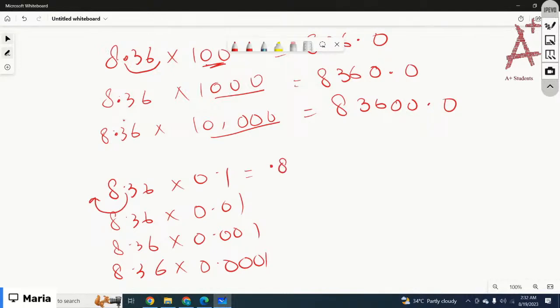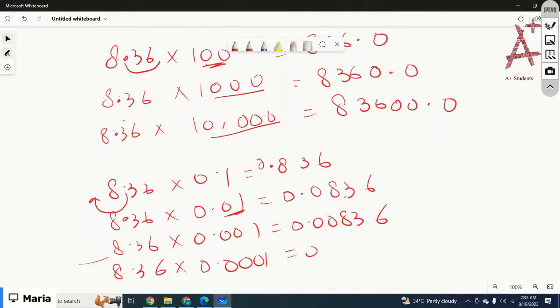So it would be 0.836. Because you multiplied by 0.01, two decimal places, you have to move the decimal point two places left, right? You have only one place here, so for the other one you have to add a zero. It would be 0.0836. You can see the decimal point is moved two digits. Then for the next one, you have to move three digits, 0.00836. Then you have 0.000836, right?